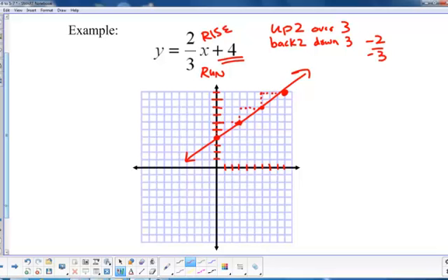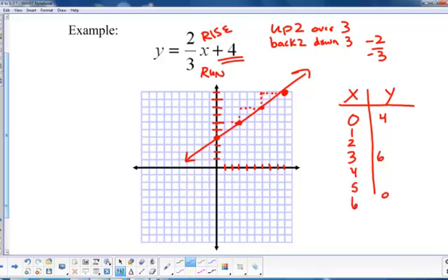You could also make a table. 2/3 is kind of a pain to make a table with. And that's why we started at 0 and then 1 and 2 are not even, they're crazy decimals, so 3 would be a good number to plug in, getting 6, because every time you go up by 3 in the x, you go up by 2 in the y.